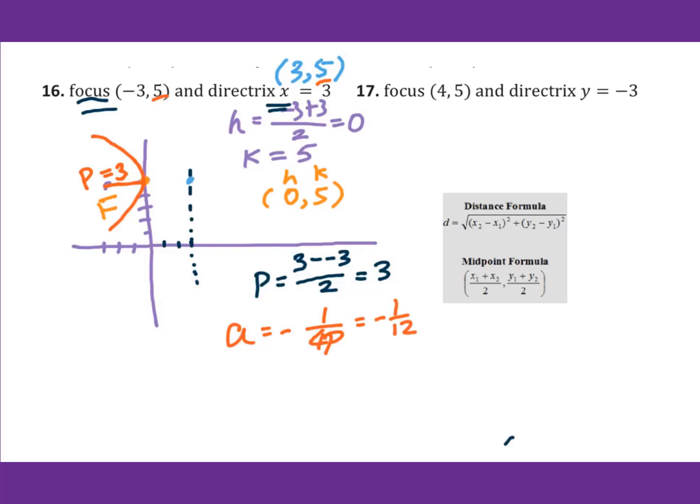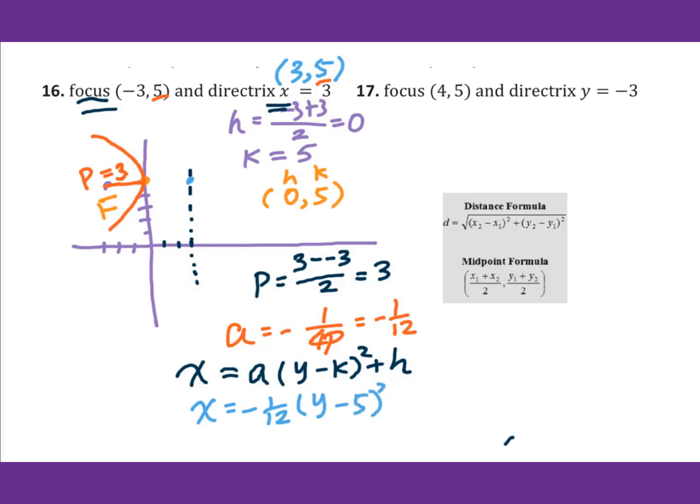The standard form for this parabola will be x equals a(y minus k) squared plus h. So we plug in, and you will get x equals negative 1/12 (y minus 5) squared plus h, that's 0.